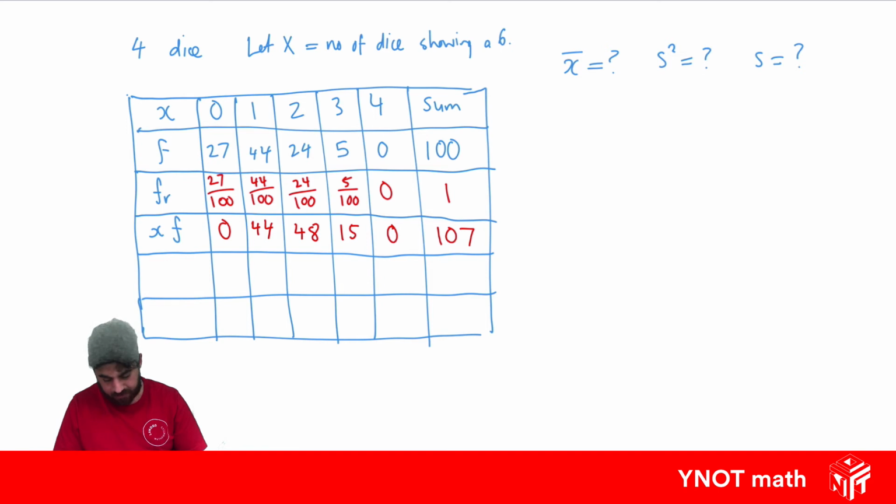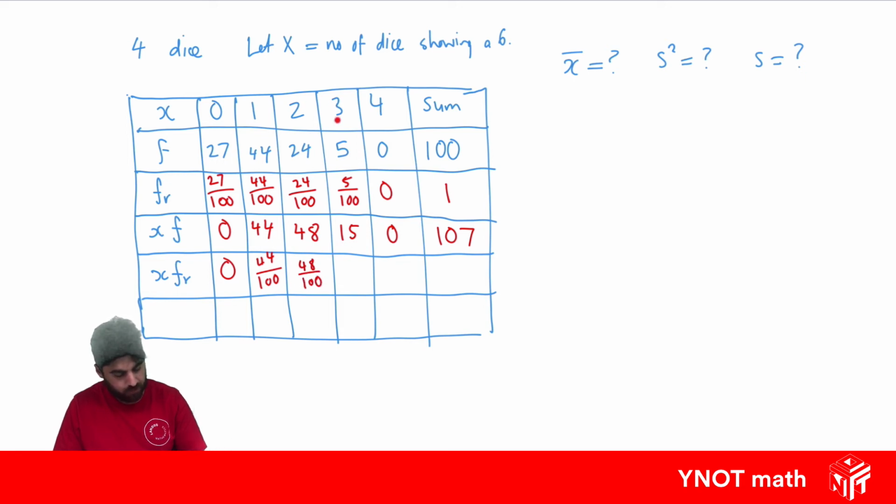Now, our next step is to multiply our values of x by our relative frequencies. So 0 times 27 on 100 is 0. Then we have 1 times 44 on 100, which will just be 44 on 100. Then 2 times 24 on 100, which will be 48 on 100.